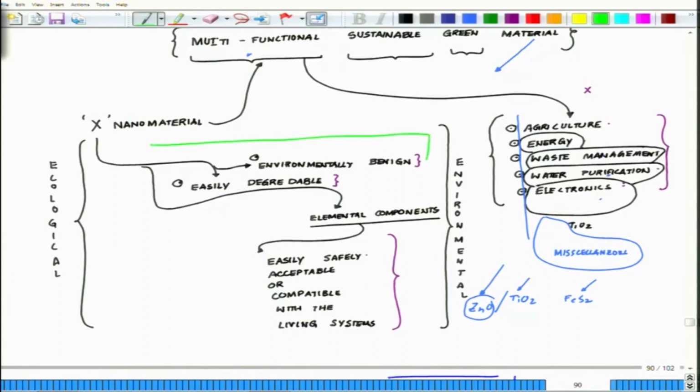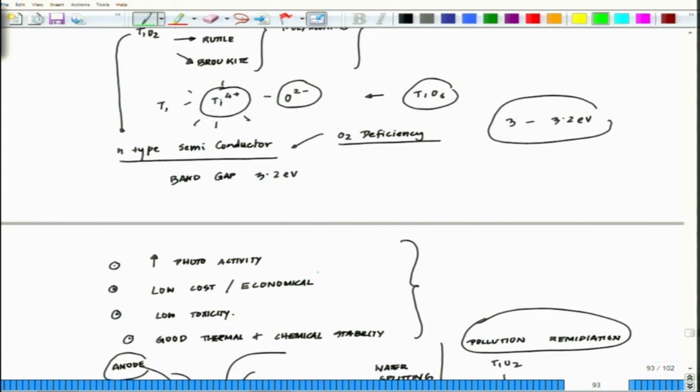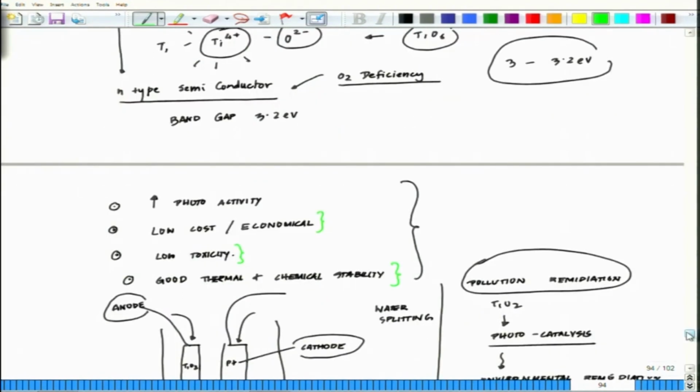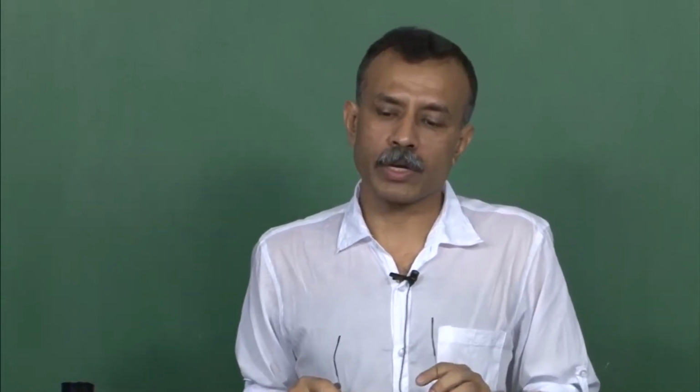They should be environmentally benign, easily degradable, safe, acceptable, compatible with living systems. Along with other aspects which I highlighted out here: low cost, low toxicity, good thermal and chemical stability. These properties are to be kept in mind while we talk about synthesizing any of these materials.